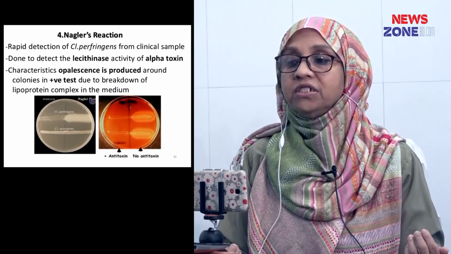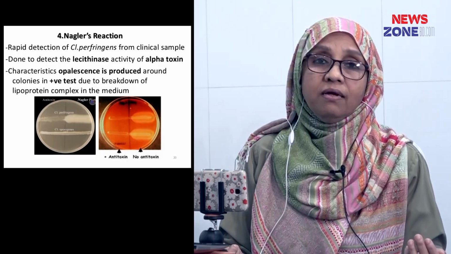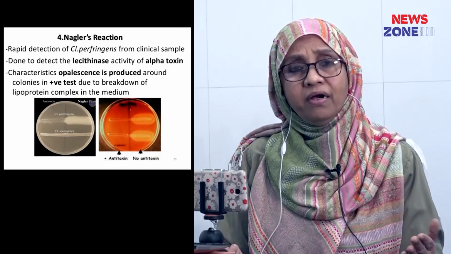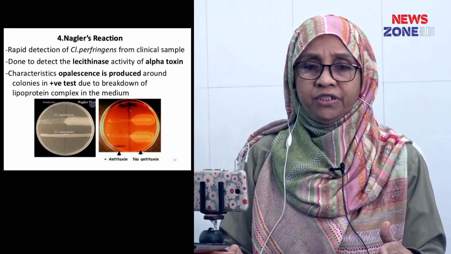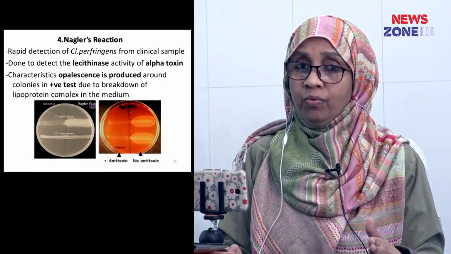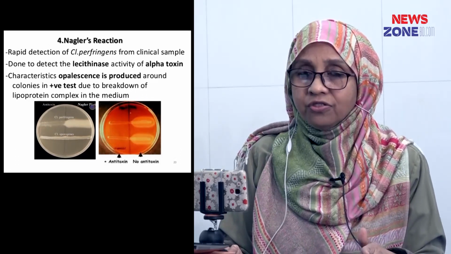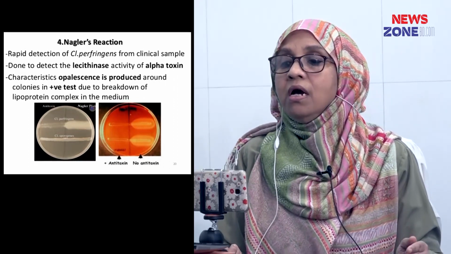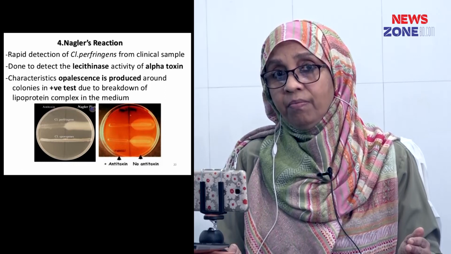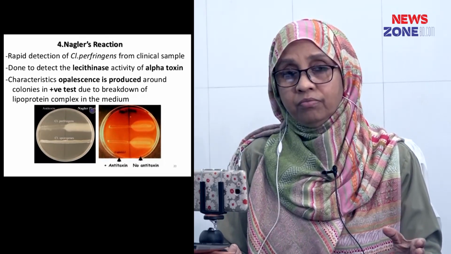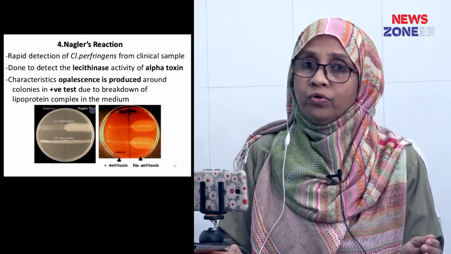Another Nagler's reaction contains antitoxin in the medium. Half of the culture plate will have the addition of antitoxin, and the rest without the antitoxin. Without the antitoxin, the organism growth is clear and growth will occur.